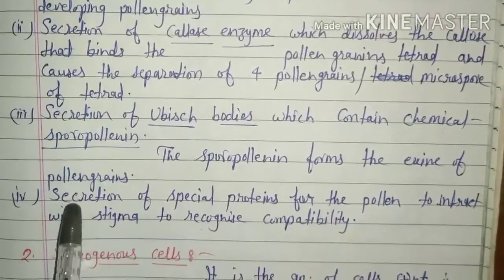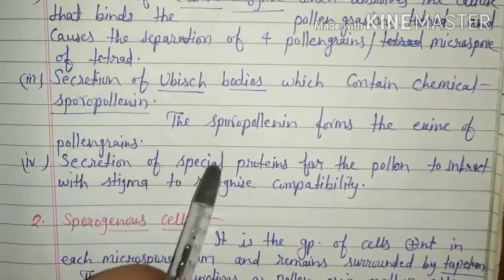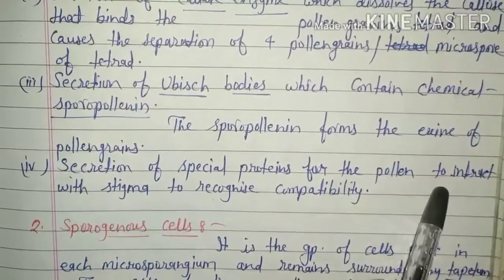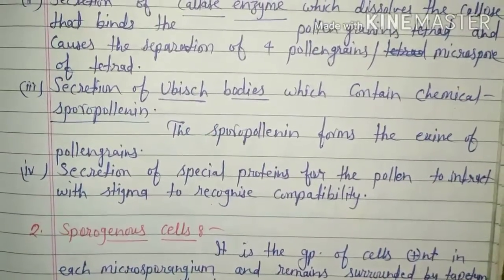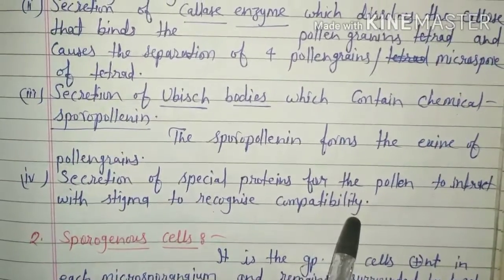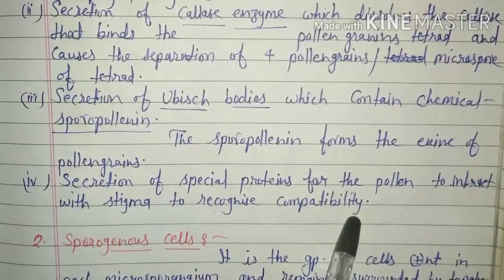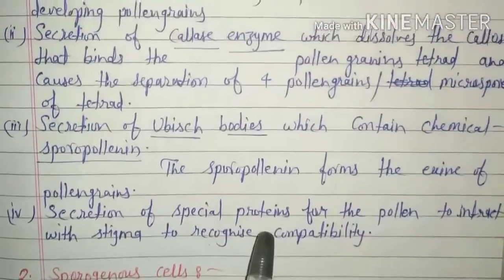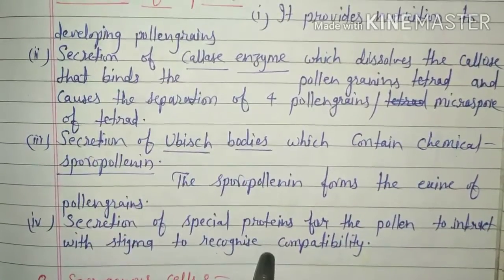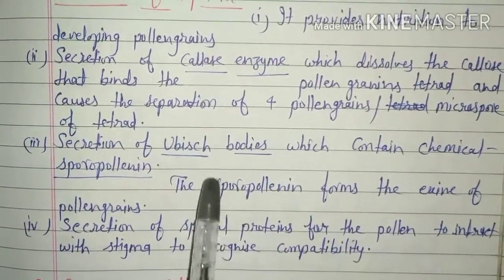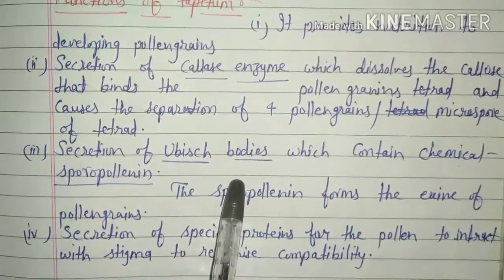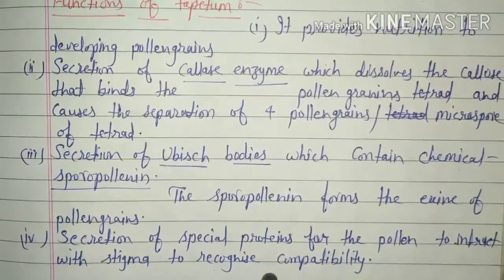Fourth, secretion of special proteins for the pollen to interact with the stigma to recognize compatibility. So there are four functions of tapetum which help in pollination and formation of microspores.